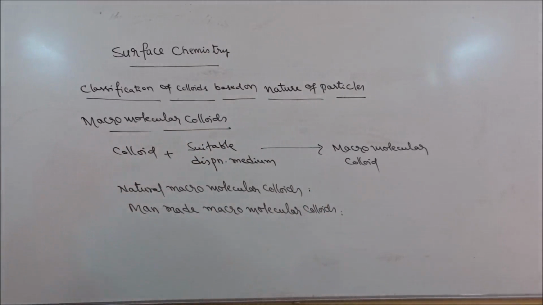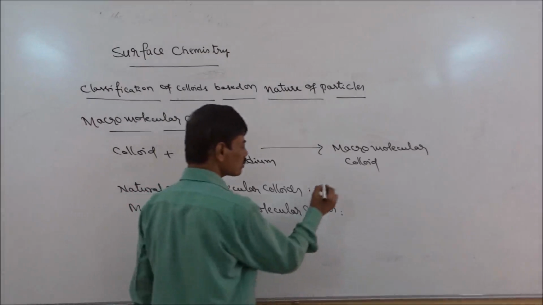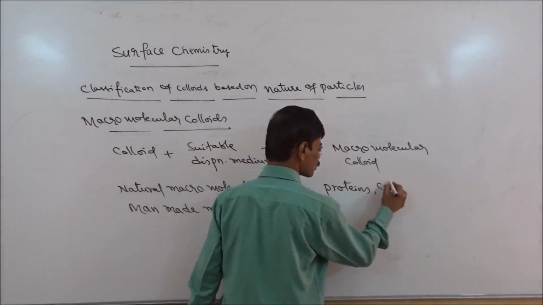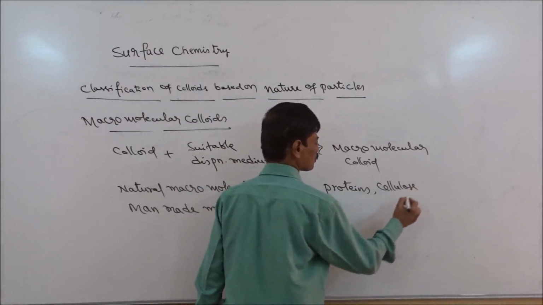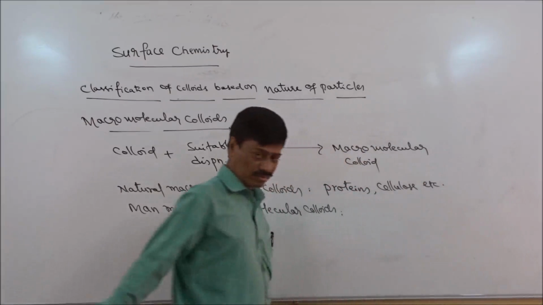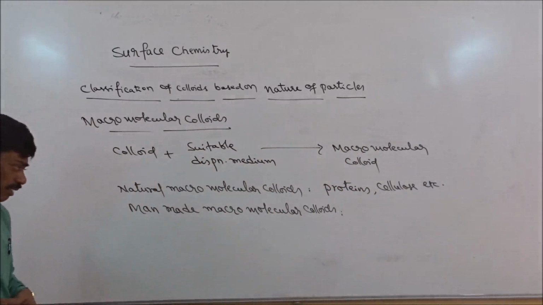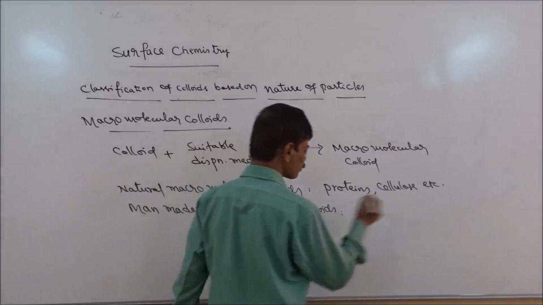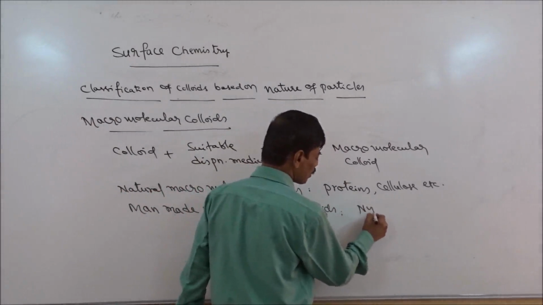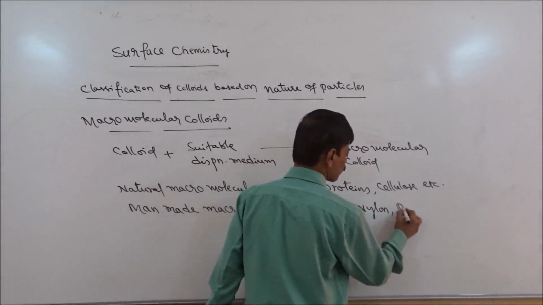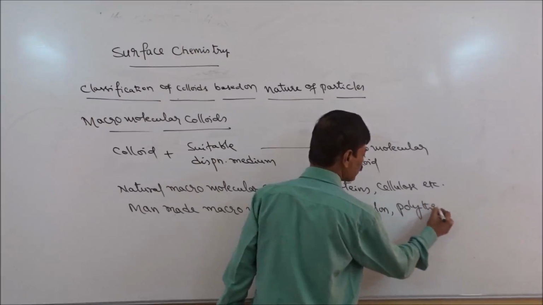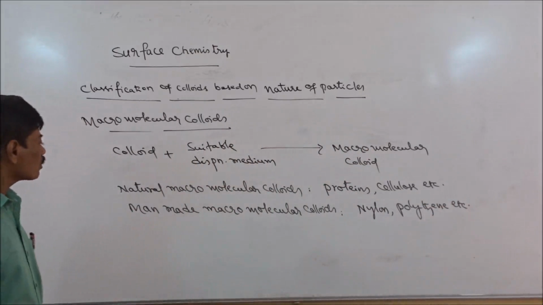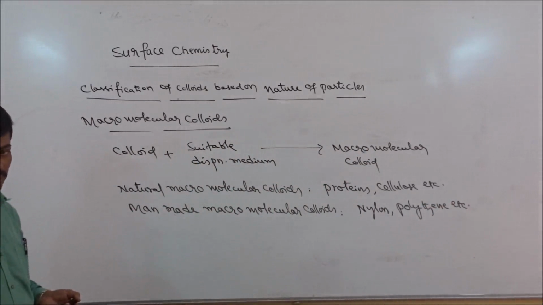Natural macromolecular colloids are proteins, cellulose, etc. Man-made macromolecular colloids are nylon, polythene, etc. So that's about the macromolecular colloids.